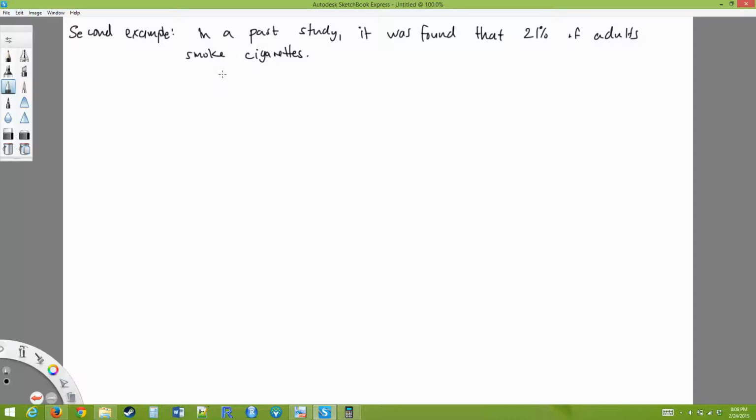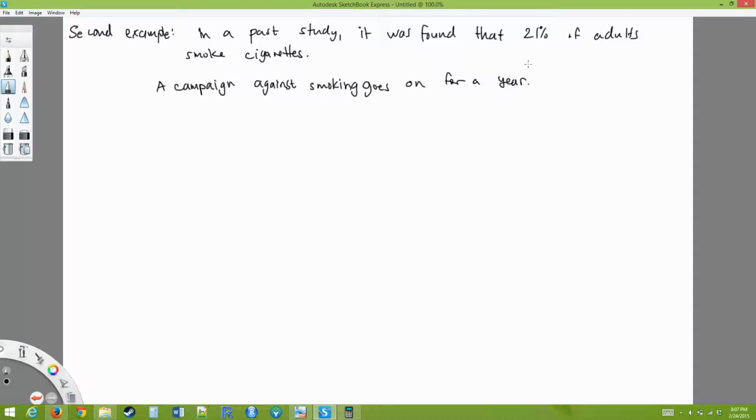And let's say somebody, I don't know, created a public service campaign against smoking, okay? So there's a campaign against smoking that goes on the air. It goes on for, I don't know, let's say a year, okay? Campaign against smoking goes on for a year. Okay?